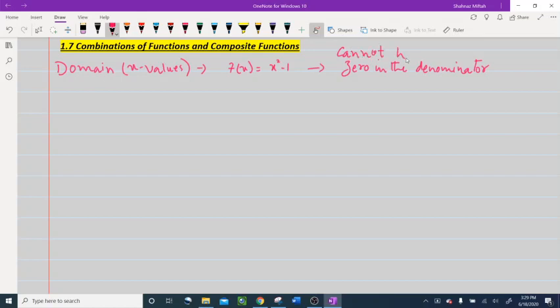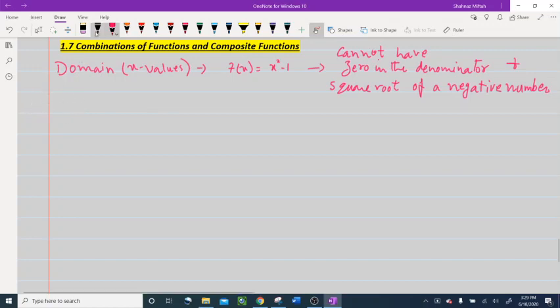Cannot have 0 in the denominator, and also a square root of a negative number. A square root of a negative number is not acceptable. You cannot have those.